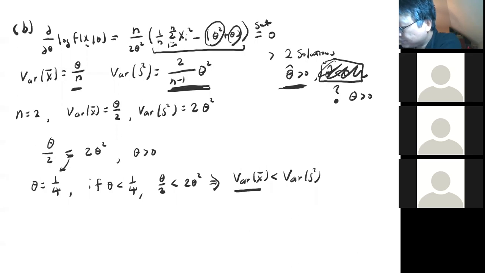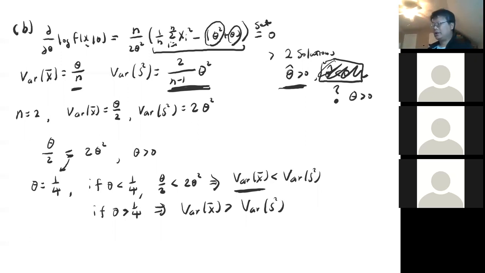You will prefer x bar. And if theta is bigger than 1/4, it'll be the other way around. That means the variance of x bar is bigger than the variance of x squared. So I told you there's no uniformly better estimator in this situation. It depends on what your theta value is to claim which estimator has the smaller variance.